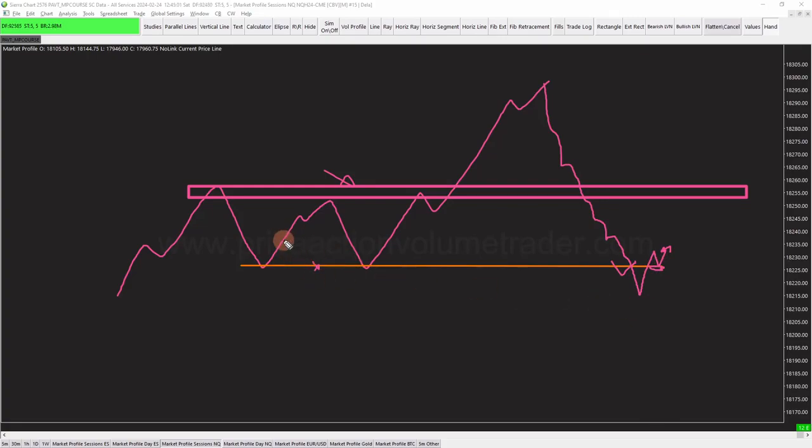Obviously, context is very important. If this is a very historical support level, if we have a high volume node here and we're right around the bottom edge of a high volume node, for example, then our stop loss would go right below the bottom edge of this false break level.